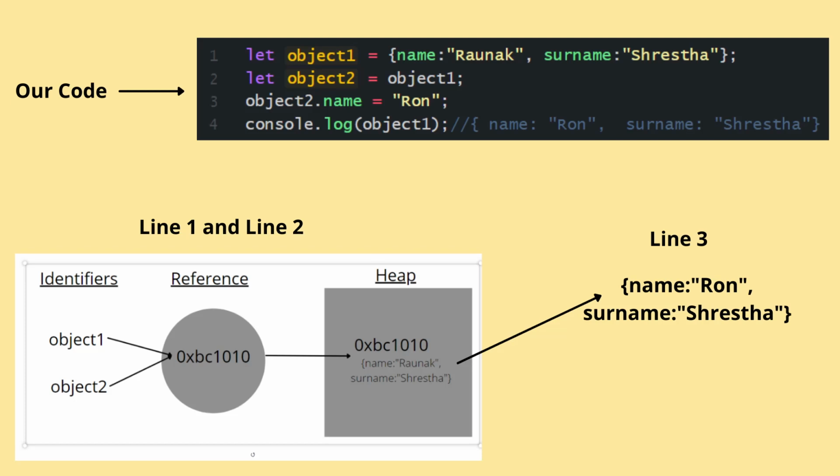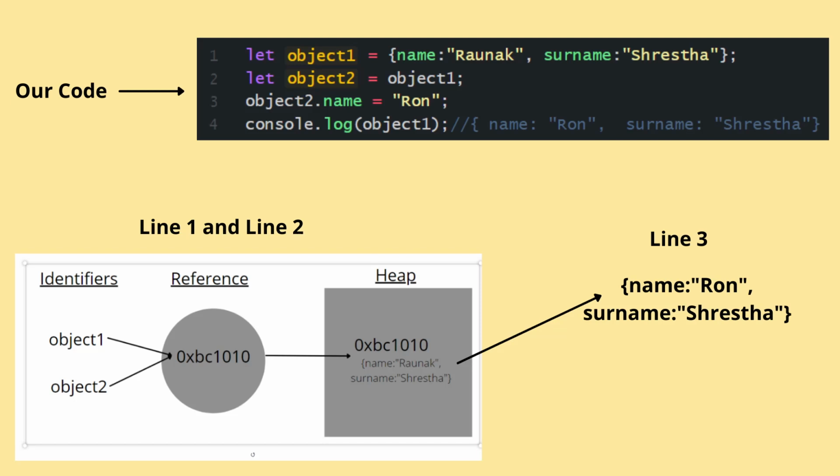But object1 will not directly point towards the heap. Rather, it will point to the reference which is in between, and that reference will act as a copy of the heap, right? So precisely we can say that the variable points at the reference, and it is the reference that points at the address in the heap.